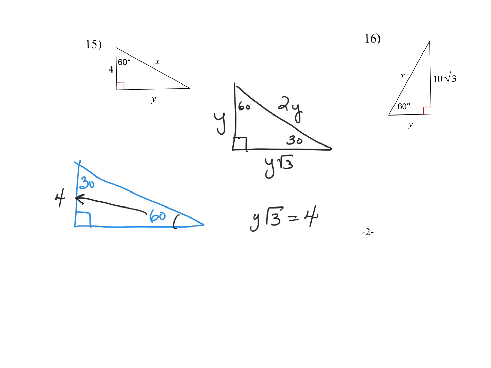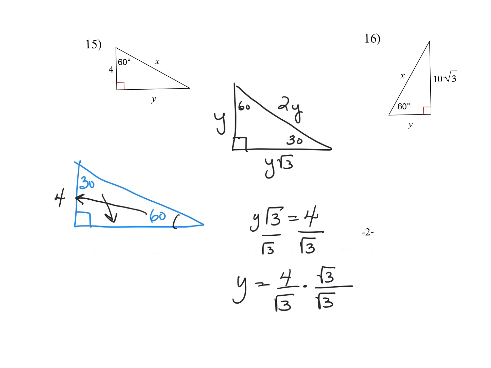Okay, so to find out what the value of the side length opposite to 30 degrees is, I have to divide both sides by the square root of 3. Now, very much like the 45, 45, 90 triangles, I cannot leave the square root in the denominator. So I rationalize the denominator by multiplying by the square root of 3 over the square root of 3.